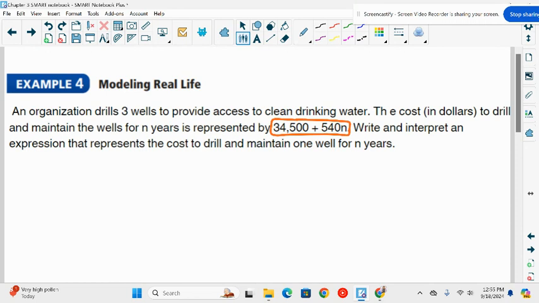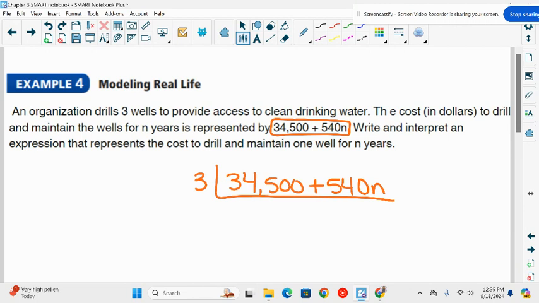We want it for 1, so how are we going to figure that out? Divide by 3. Haven't we been factoring, which is dividing, this whole time? So couldn't I take this and factor out 3 and it tell me the price per 1?